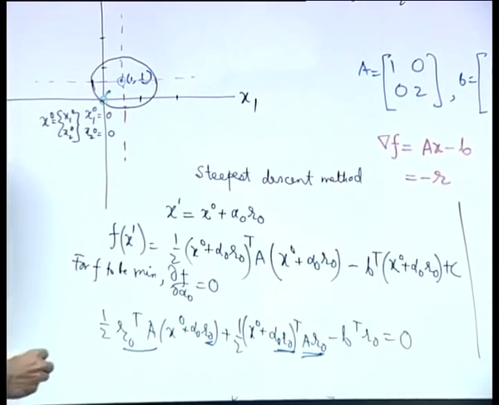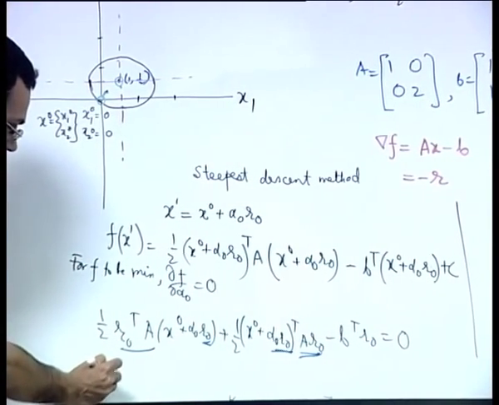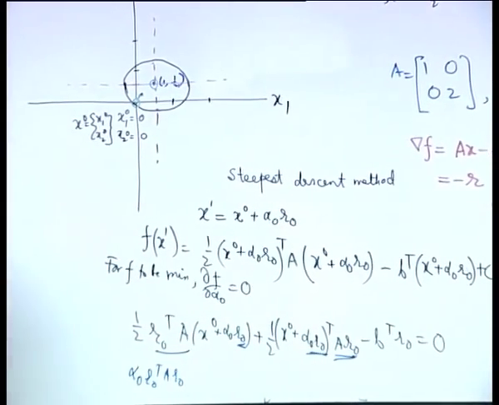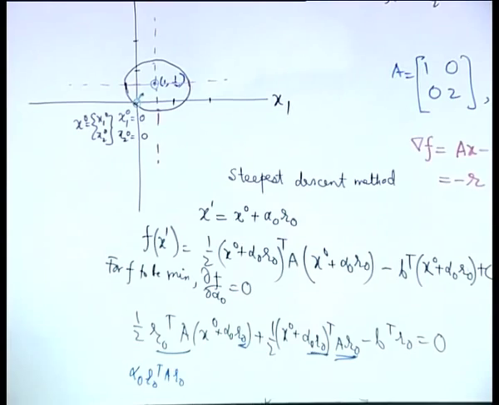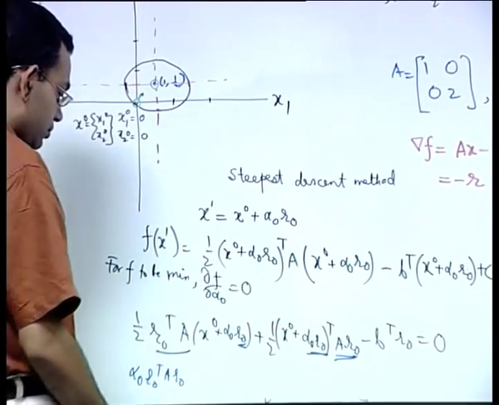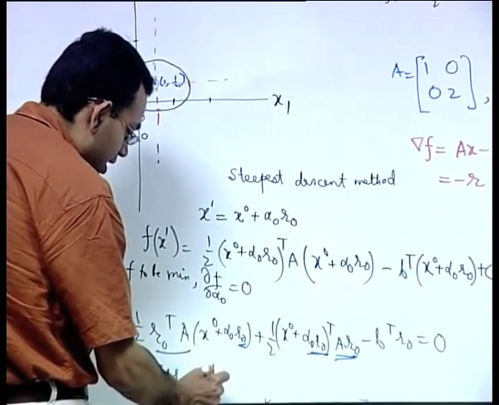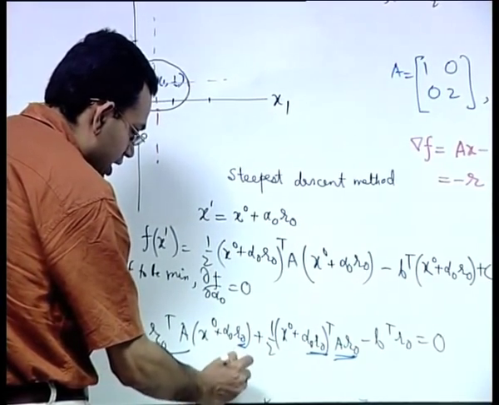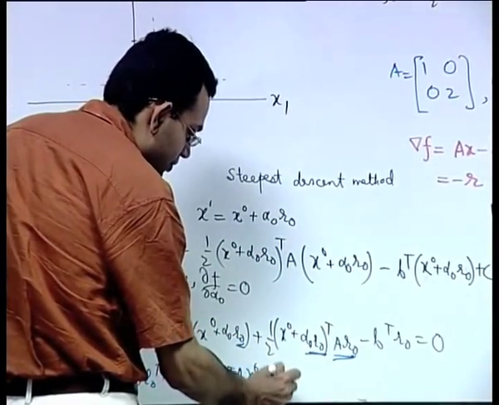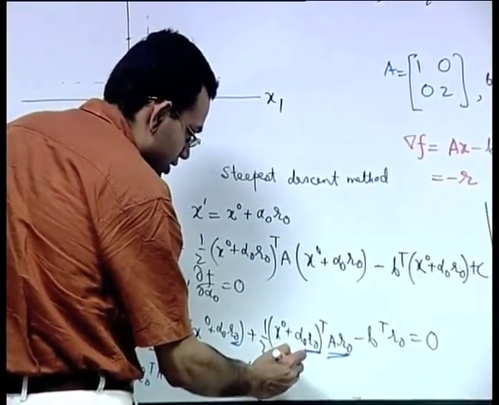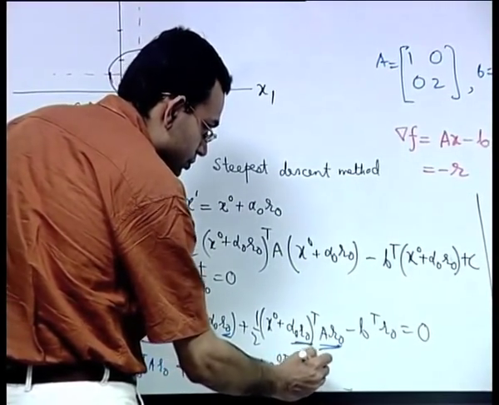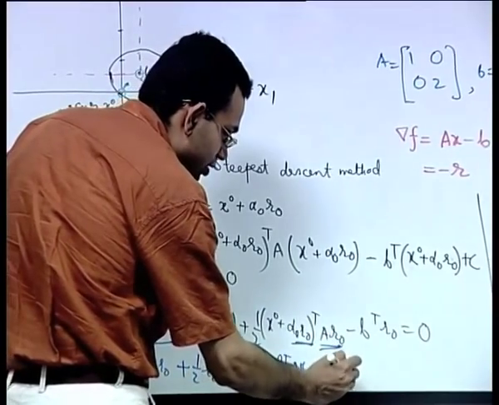So taking alpha 0 common, it becomes alpha 0 r0 transpose A r0 plus half r0 transpose A x0 plus half x0 transpose A r0 minus b transpose r0 equal to 0.